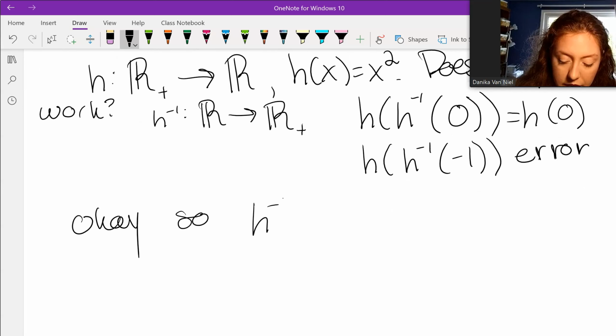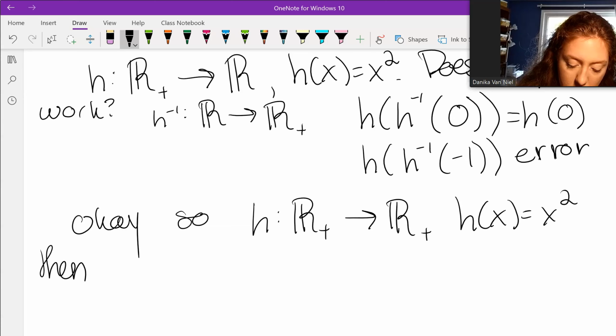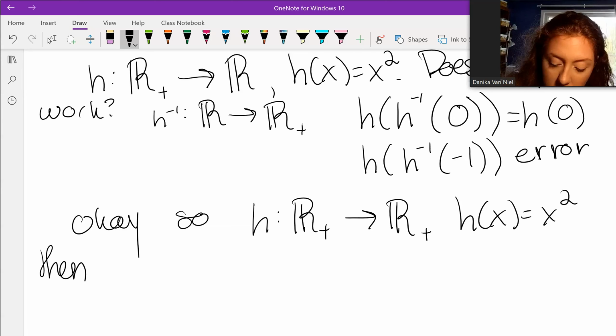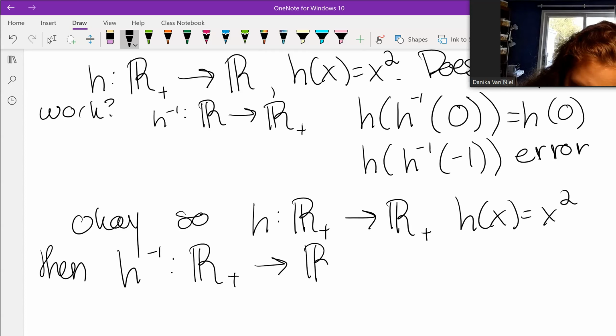So how about h from the positive reals to the positive reals, h of x equals x squared? Then, as an exercise on your own, you can show that h inverse goes from R plus to R plus, such that h inverse of x equals the square root of x.